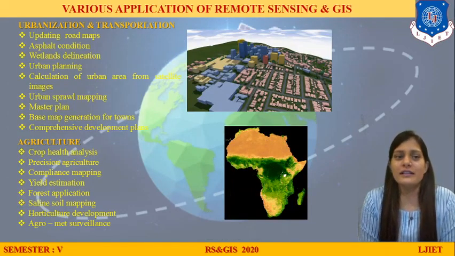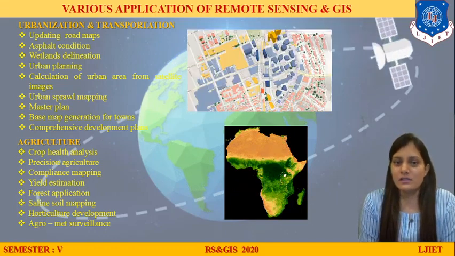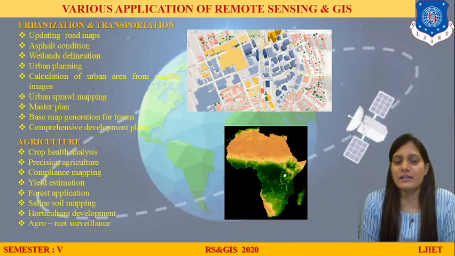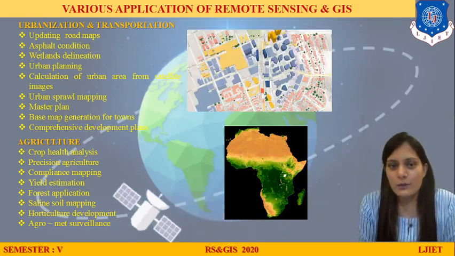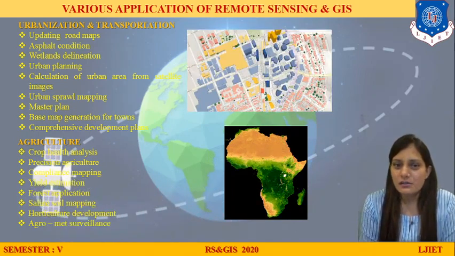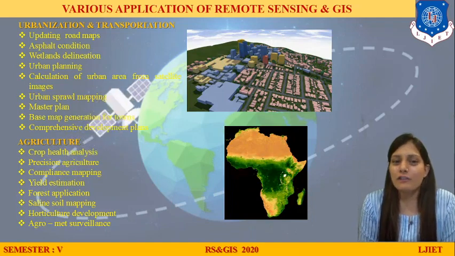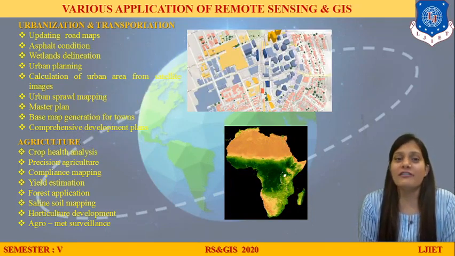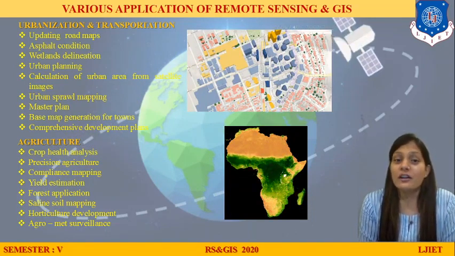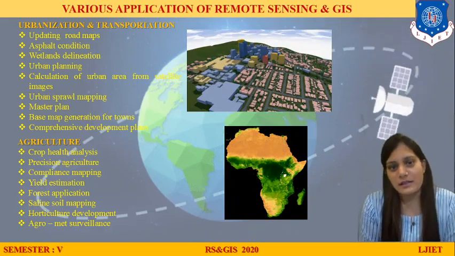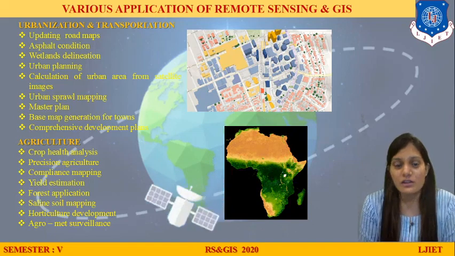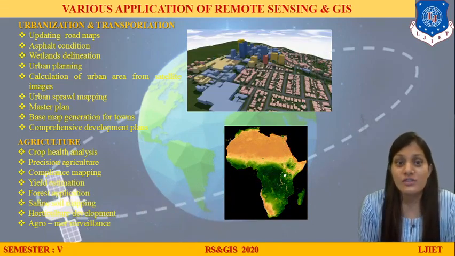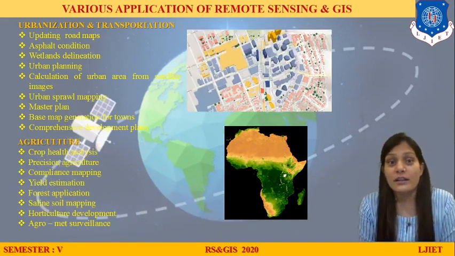So moving further, there are various applications. You can see here the very first application I want to discuss, that is urbanization and transportation. What is urbanization and transportation? Urban means the development of any city, the development of any country, the development of urban regions, right? That is urbanization. Urbanization means the construction portion, how much construction is going on right now, how much construction is predicted to be done in 2025.